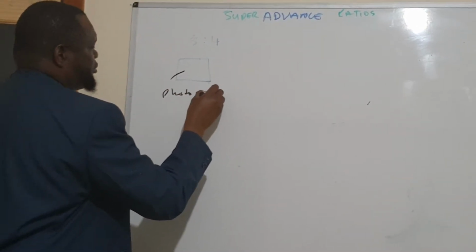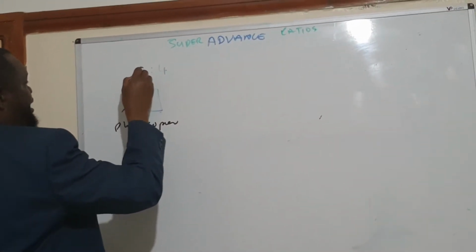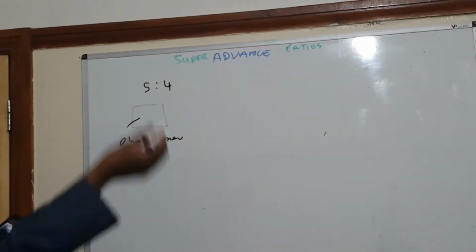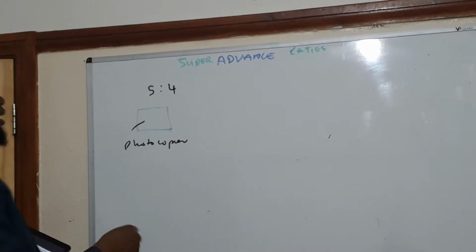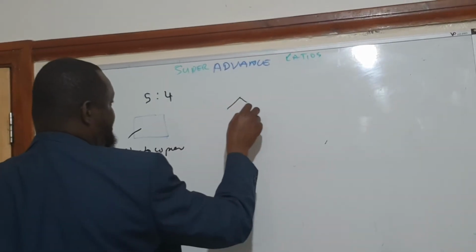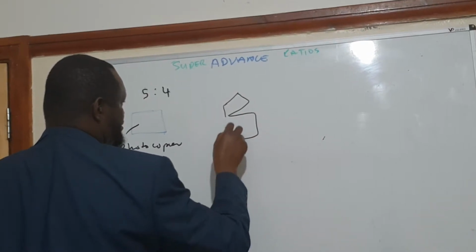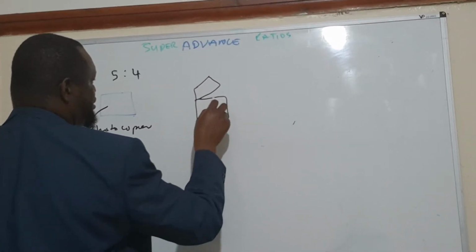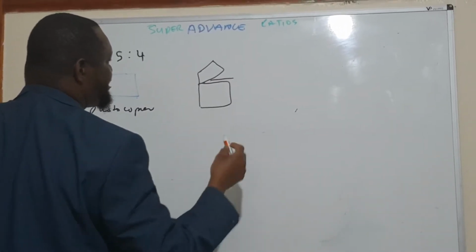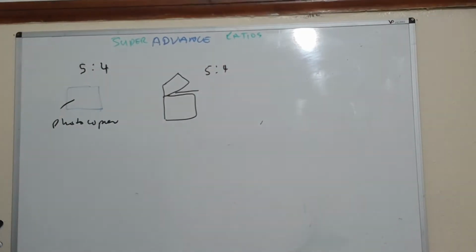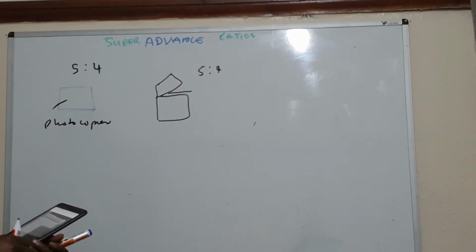If you put a paper on it, you know, a photocopier like this, you put your image here, it will increase into an image of 5:4. That's what it's saying here.